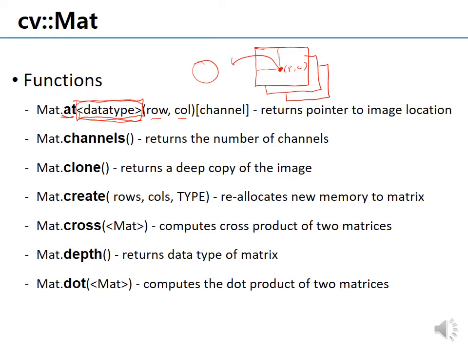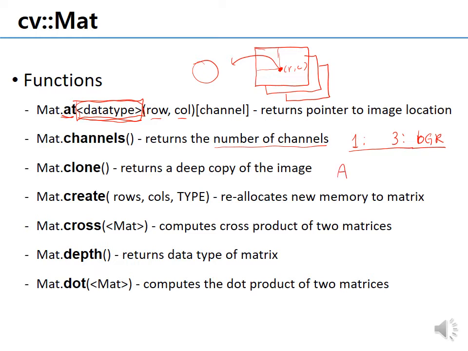So mat.channels returns the number of channels. 1 is grayscale, and 3 is color, RGB, BGR. And mat.clone returns a deep copy of the image. If we have an image, mat.clone will make a copy of the image.